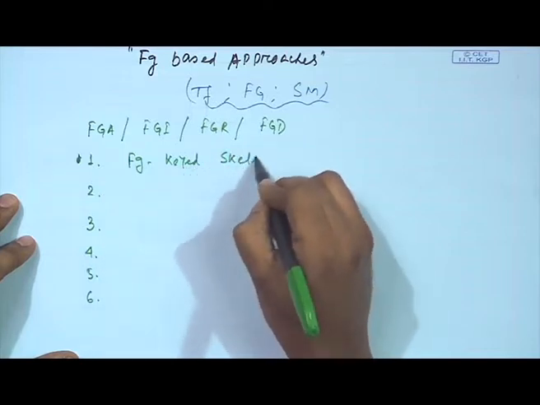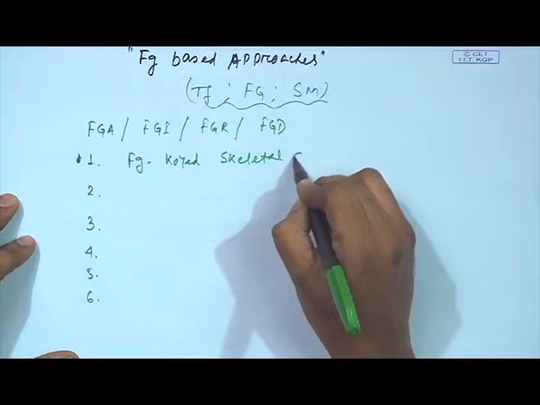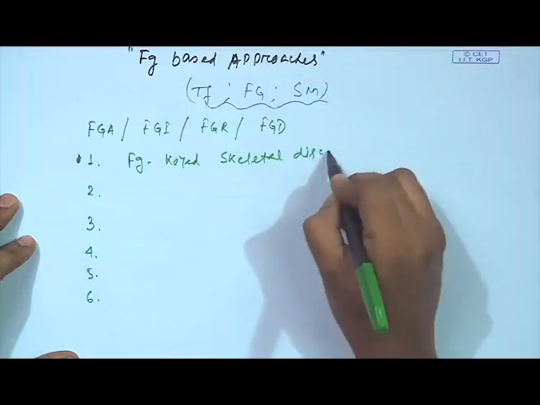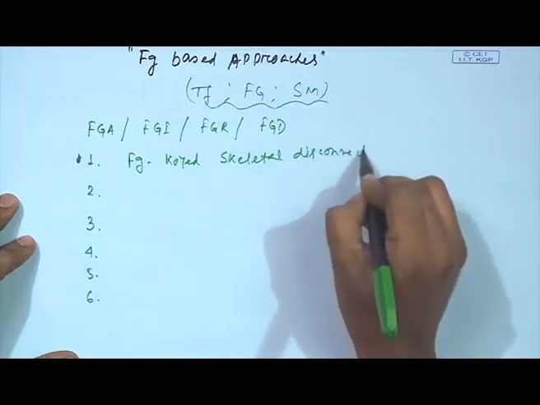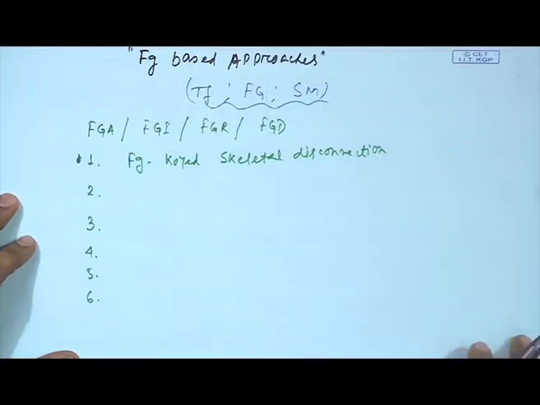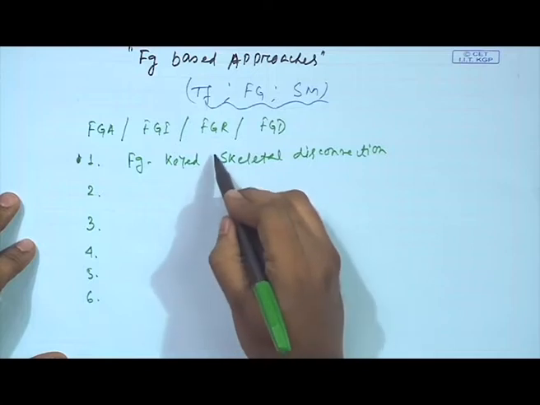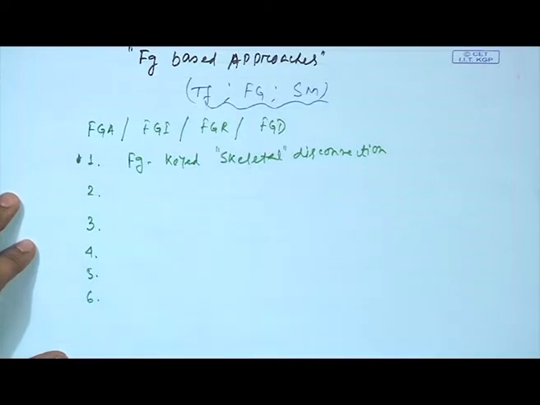It means that if you have a compound whose structure was given to you, and also a starting material, you try to disconnect the molecular skeleton by taking the help of the functional groups present in that molecule.